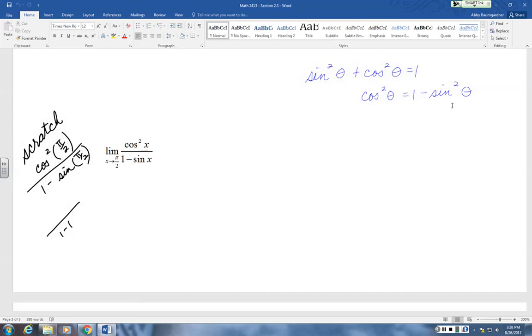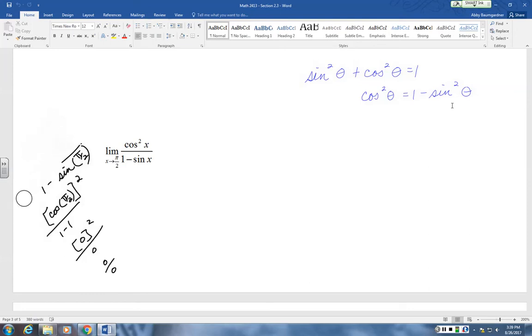Sine of pi over 2 is 1. Cosine of pi over 2 is actually 0, and then we want to square that. So we end up with 0 squared over 0, and 0 squared is 0. Okay, we get this indeterminate form again. All right, so 0 divided by 0, no good, got to go do some work.